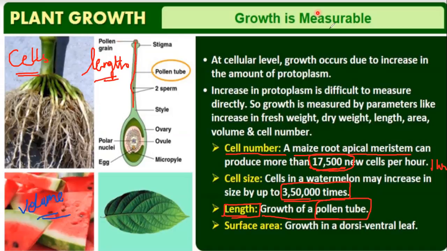And if you take into account the leaf, it is based on the surface area, the increase in the surface area of the leaf. First it was like this, then it changes to be like this, and finally it forms like this, right? So surface area growth of a dorsiventral leaf.